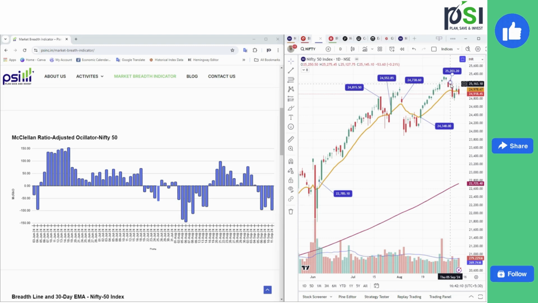So I would have captured 400 plus 200, some 600 points of profit. So this is how the McClellan ratio adjusted oscillator is useful on a daily basis for swing traders who hold for 1 week or 2 weeks. This is very useful, but for intraday this is not applicable, and you can't use this indicator for intraday.